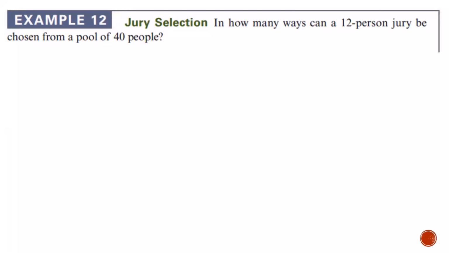Does order of the jurors matter? This, everybody, is a combination. All right, you guys got it. What are the two numbers of interest here? 40, right?